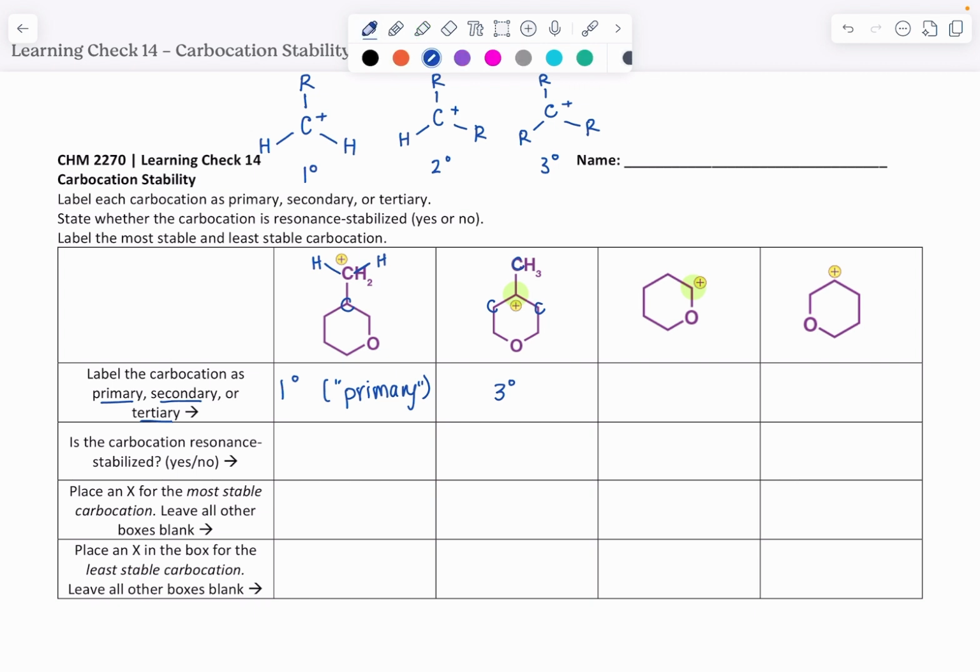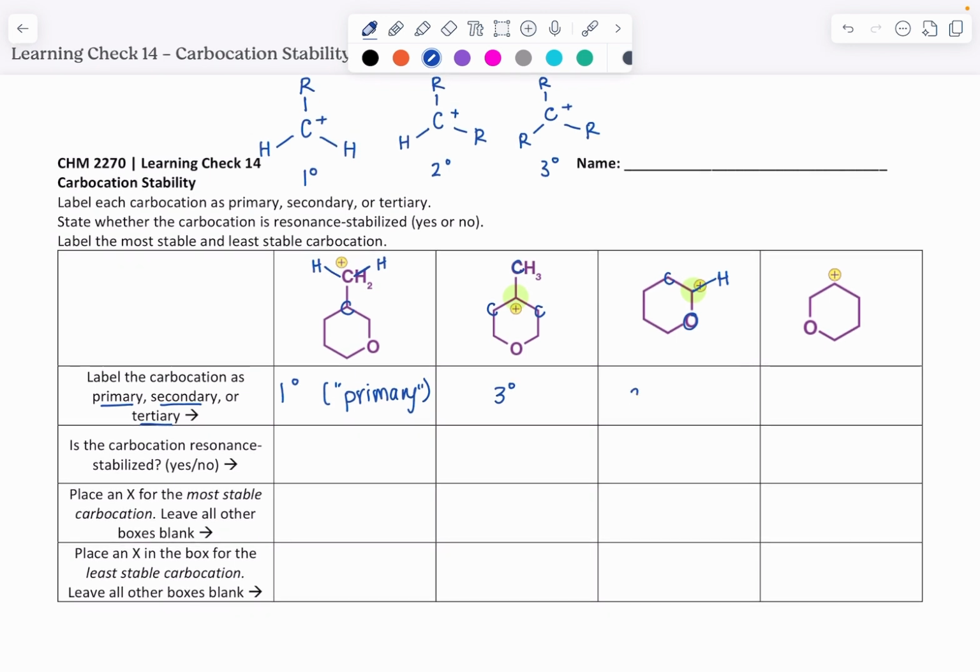It is bonded to one hydrogen. Remember, there are implicit hydrogens. And then one carbon and this oxygen. So the oxygen counts like an R group. It's a non-hydrogen atom. So it's bonded to one hydrogen, a carbon, and an oxygen. That makes it secondary.